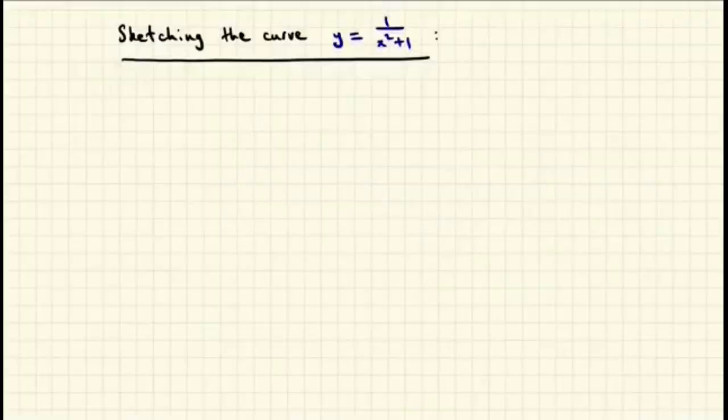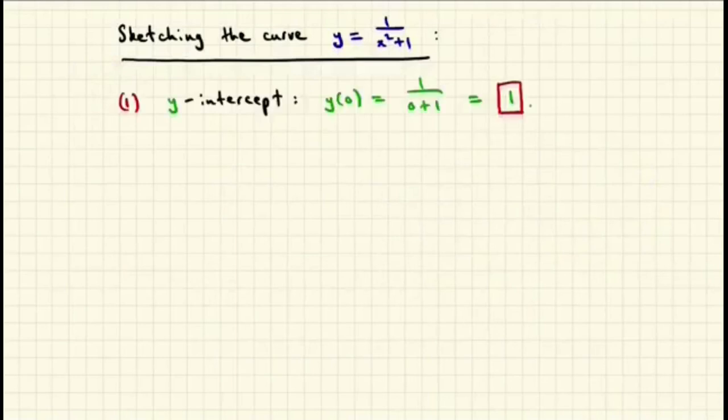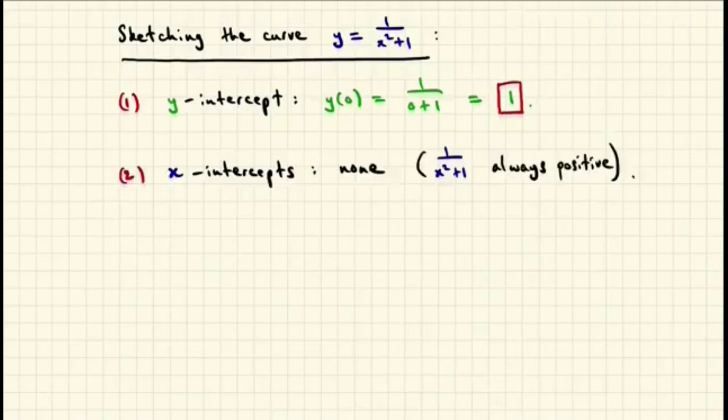Let's work through our usual checklist for sketching a curve. In this case, for y equals 1 over x squared plus 1, the y-intercept is the value of y when x equals 0, which is 1. There are no x-intercepts, as the reciprocal of x squared plus 1 is always positive.